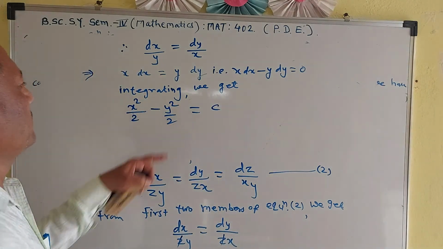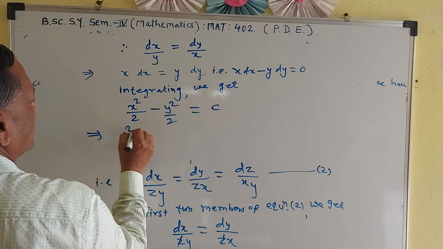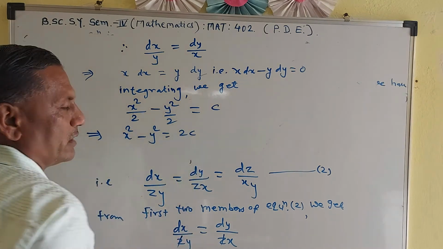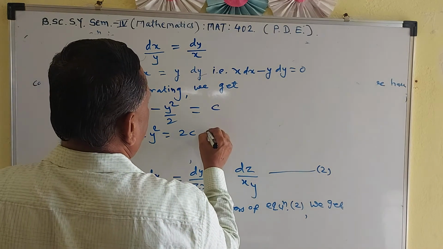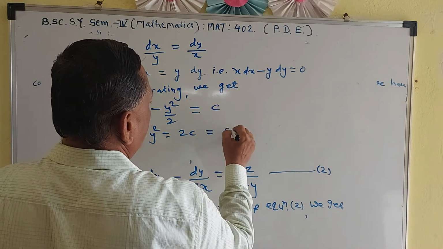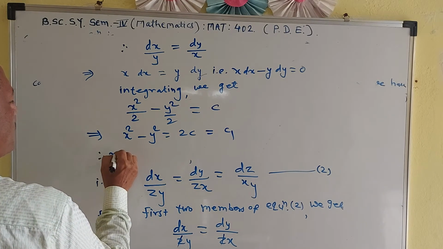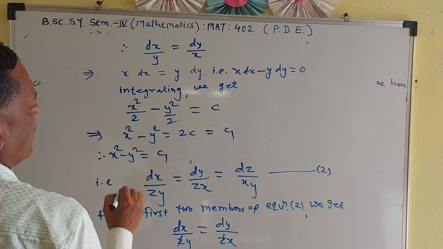So this can be written as x square minus y square is equal to 2c. 2 is constant, c is constant, therefore 2c is also constant. Suppose this is equal to c1. Therefore you have x square minus y square is equal to c1.